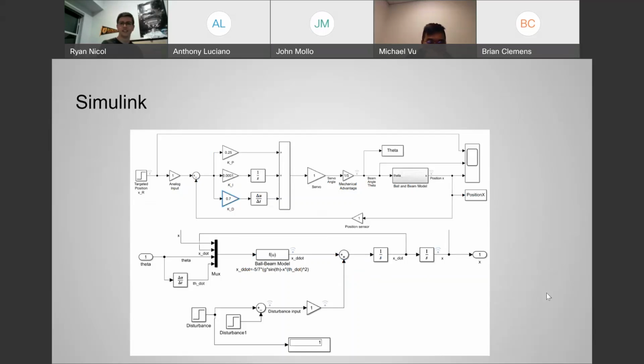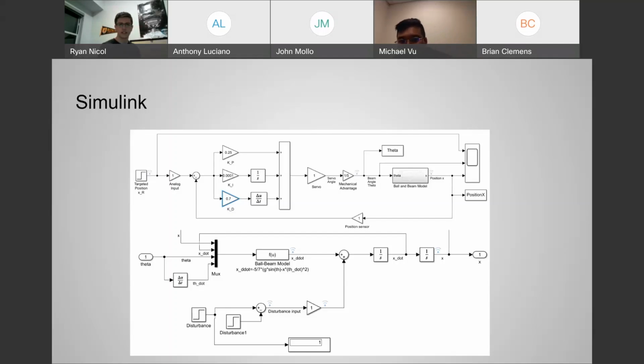Okay, so here we have the block diagrams that we created in Simulink. As you can see, we use a KP value of 0.25, a KI value of 0.0001, and a KD value of 0.7. We use our mechanical advantage, 1/5.